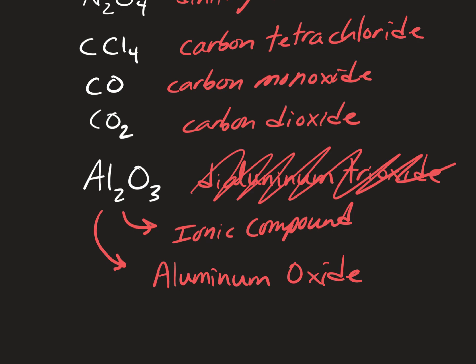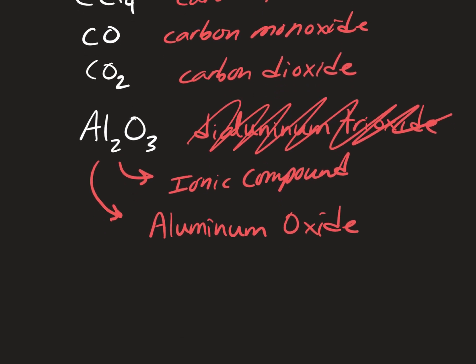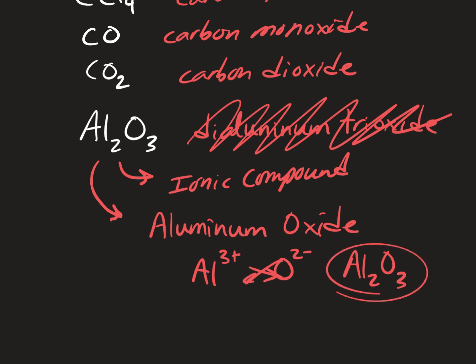There's only one way that aluminum ions and oxide ions can come together. Aluminum ion, oxide ion. If I do the crisscross, whatever, aluminum oxide. This is the only way that aluminum ions and oxygen ions can come together.